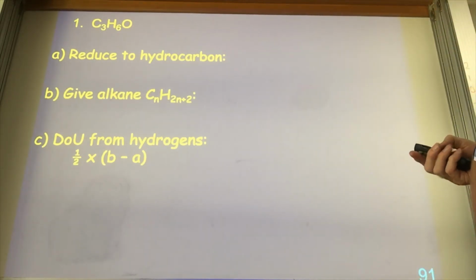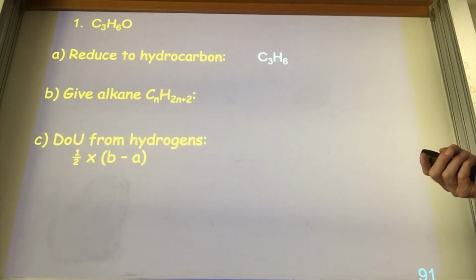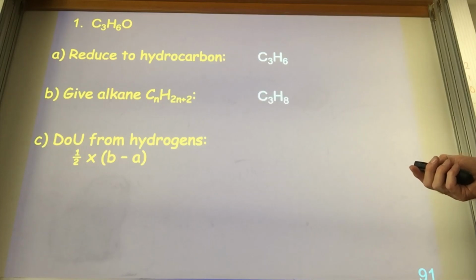So acetone, reduced to a hydrocarbon, it's got an oxygen there, we'll just leave that out. So C3H6. Compare it to the alkane with 3 carbons. Well, that's propane, C3H8. 2 hydrogens less is a degree of unsaturation of 1.